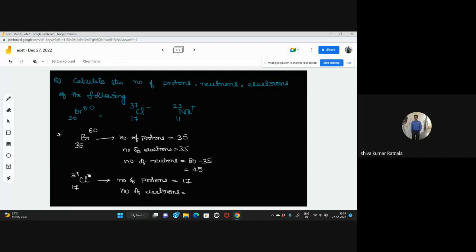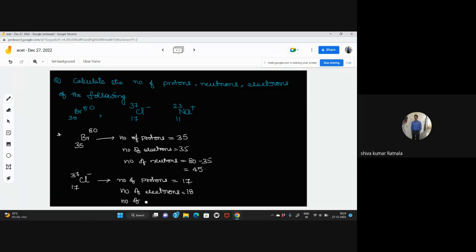So number of electrons is 17 plus 1, that is 18 electrons, because minus 1 means gain of electrons.